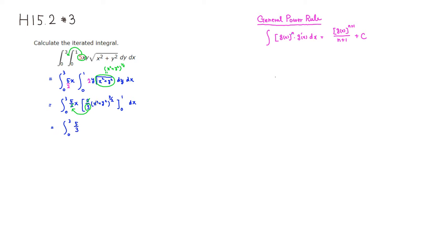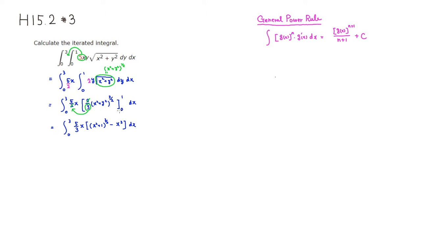Then if you plug in 1, you have x squared plus 1 to the 3/2 power, minus plug in 0, so you have x squared raised to the 3/2 power, which is x cubed, and dx.